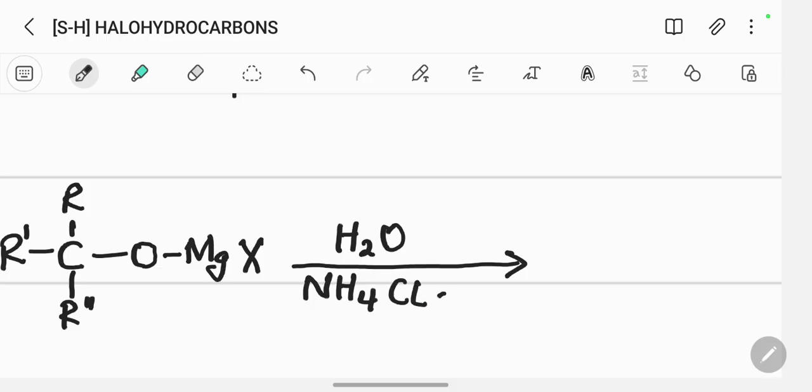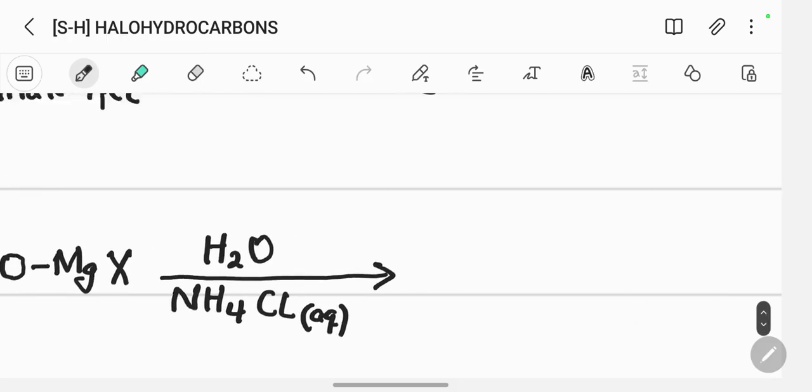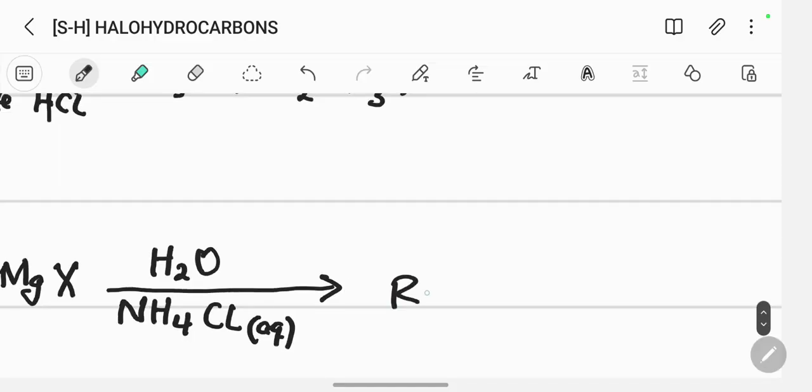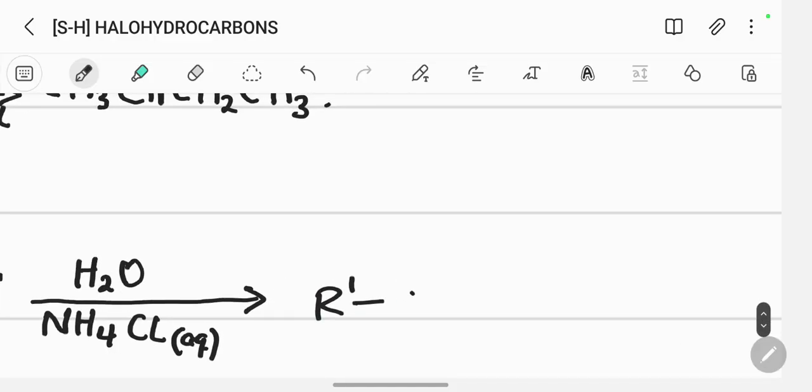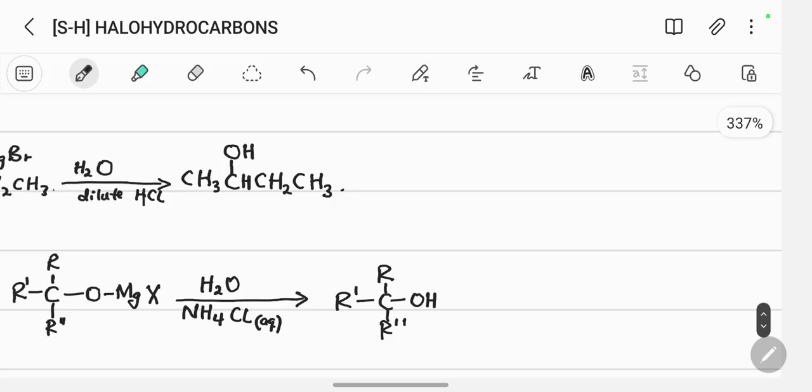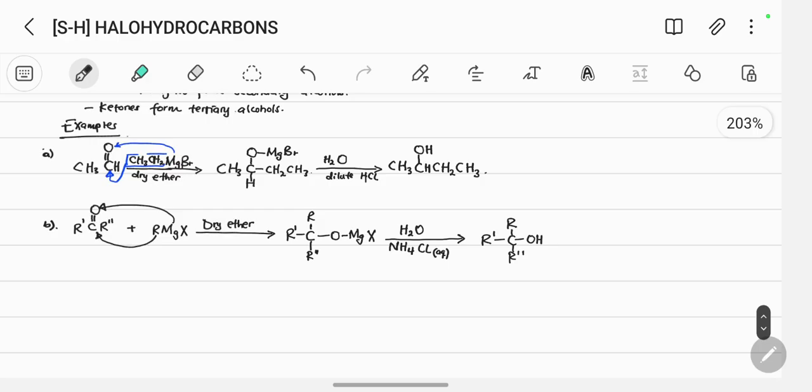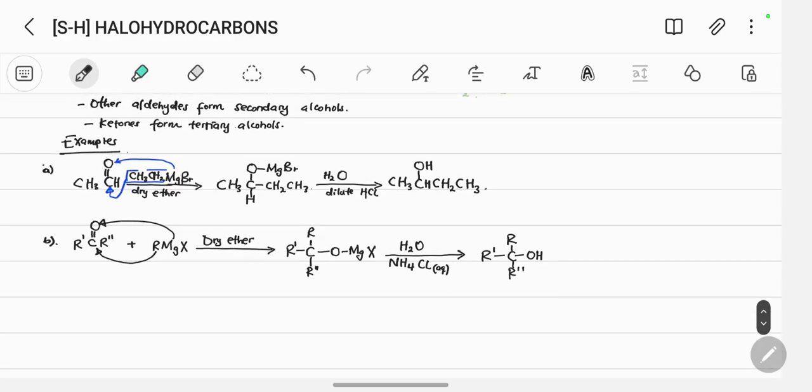Ammonium chloride, which is aqueous, and it forms R, C, R, OH, R prime prime, like that. So we have three alkyl groups surrounding the carbon atom, holding the function group. So this is it. The only difference comes in here.